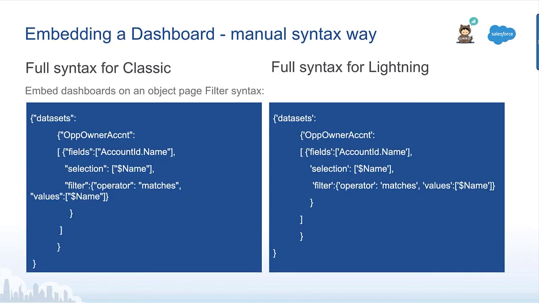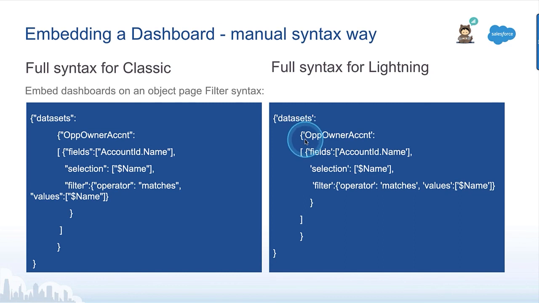The last one is the manual syntax. If you do want to go with the manual syntax, just remember it looks something like this. For Lightning, single quotes; for classic, double quotes. I have the dataset name, I have the fields from the dataset that I'm connecting on, I have the fields from the object or the record, and I have the operation or the operator.